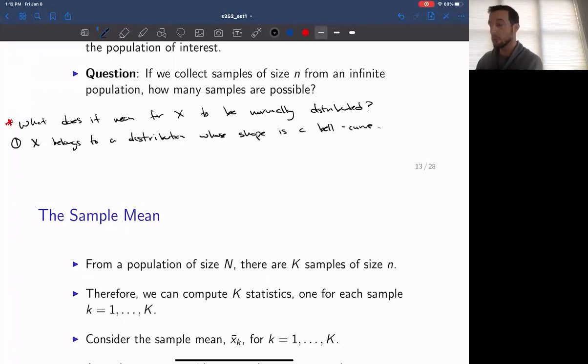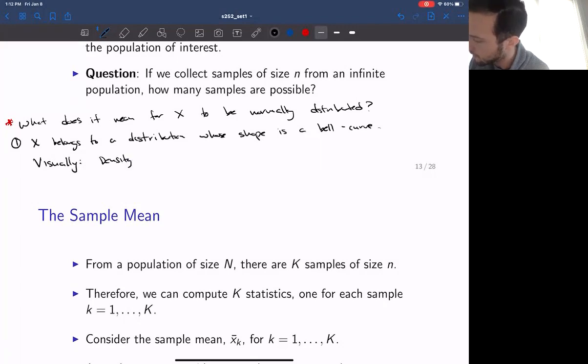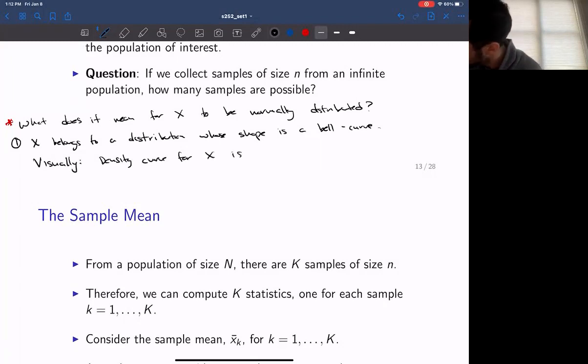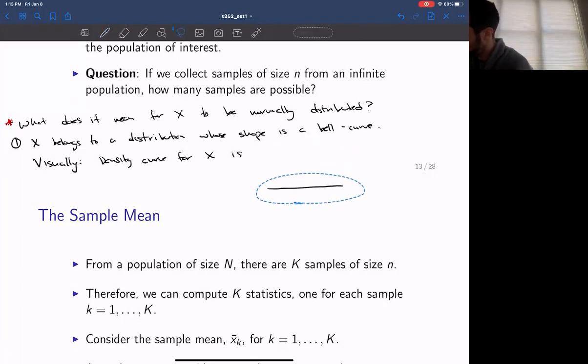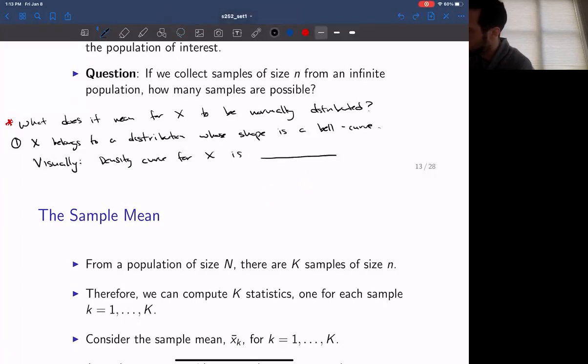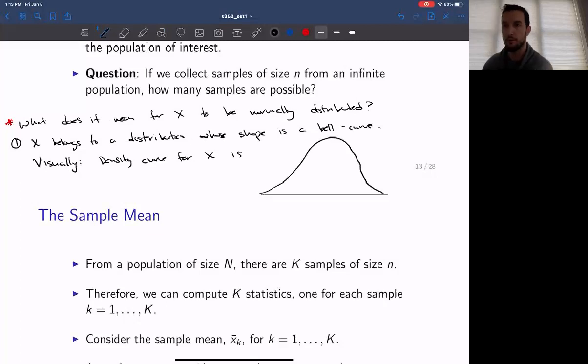Visually, the density curve for X, we'll have a horizontal axis here, and then we have a bell curve that sits on top of this horizontal axis.